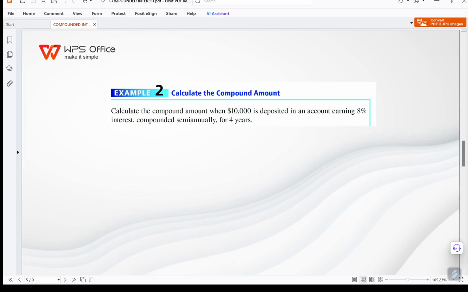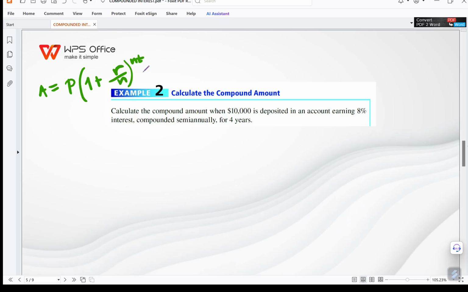The formula for the compound amount A is equal to P, the principal amount, times (1 plus R divided by N) raised to N times T.